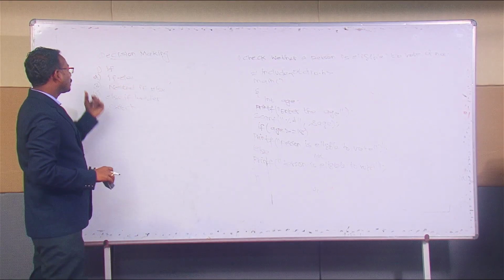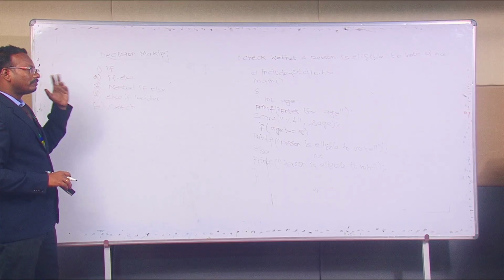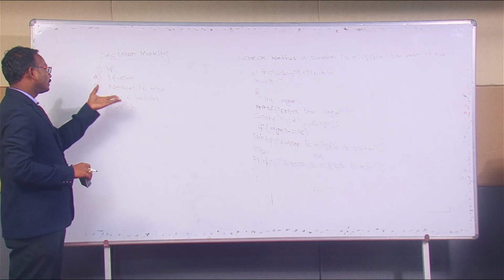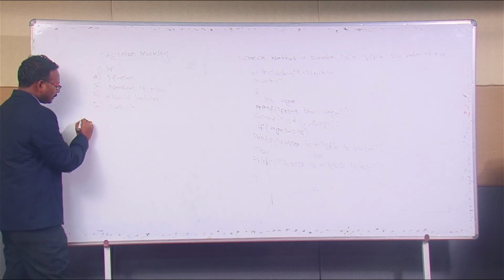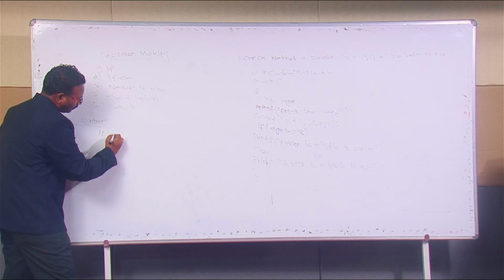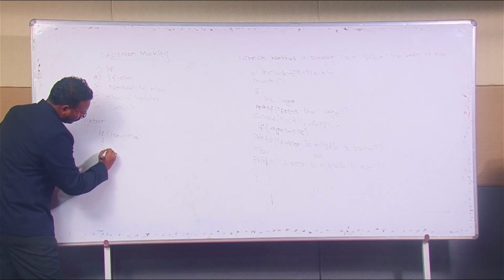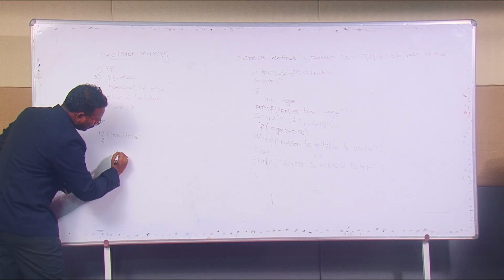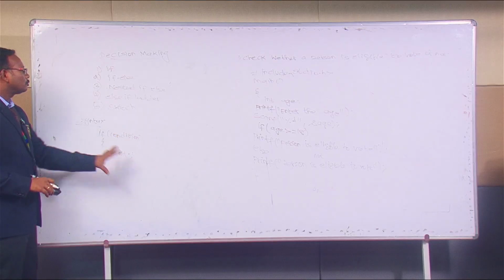For example, the first is the if condition. If there is one condition and that condition is true, then the execution should take place. For the if condition, the syntax is: if condition satisfied, then whatever we have given should execute here.